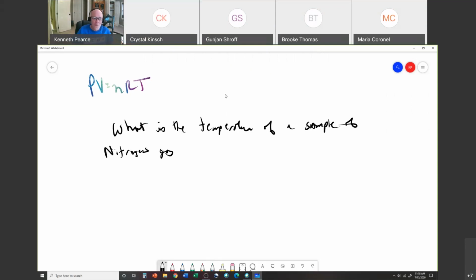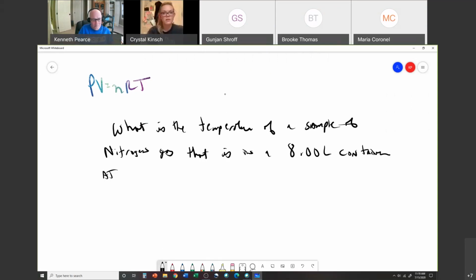What's the temperature of a sample of gas that is in an 8.00 liter container at, let's say, 4.184 atmospheres?